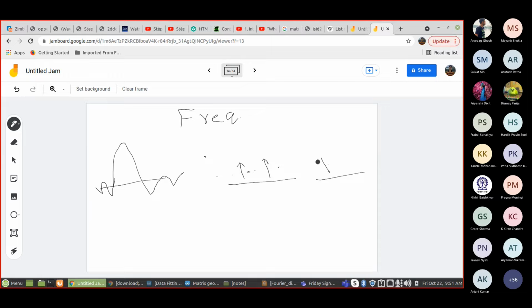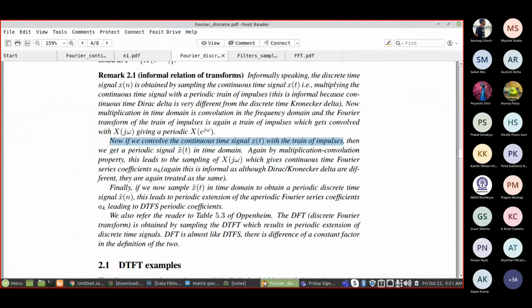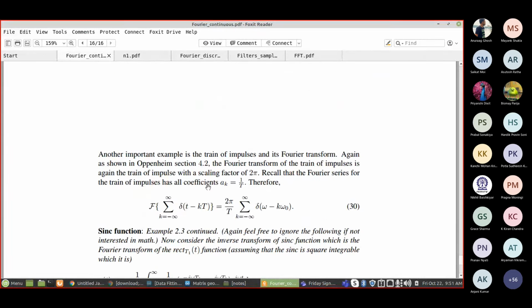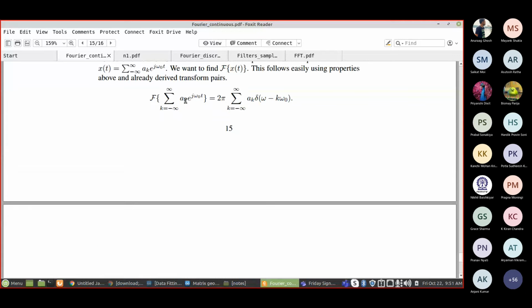You're going to get samples of the sinc function, and that is consistent with what we know from our Fourier series: Fourier series coefficients a_k are discrete, they are not continuous functions of omega.